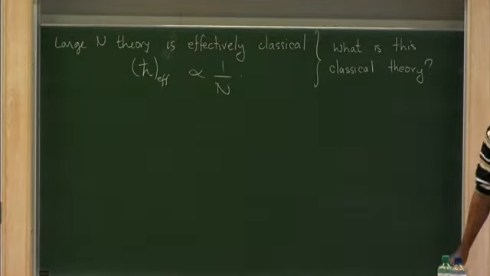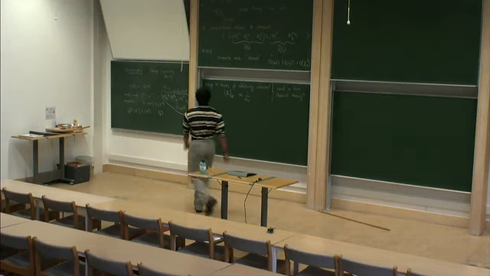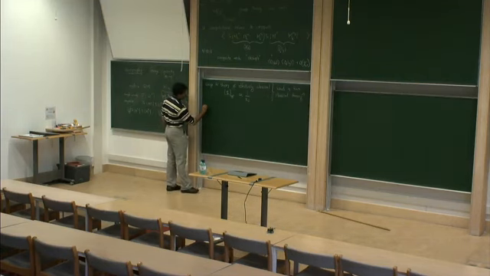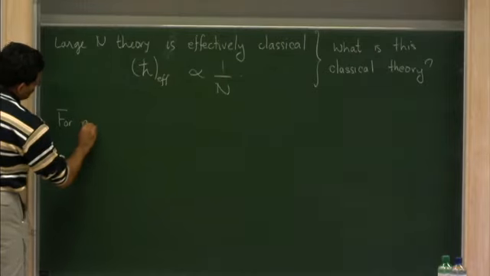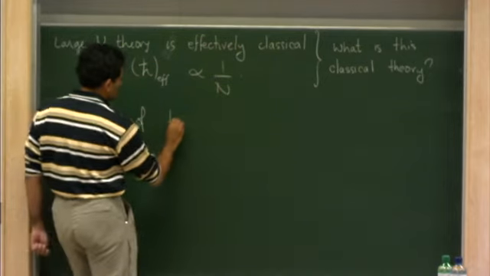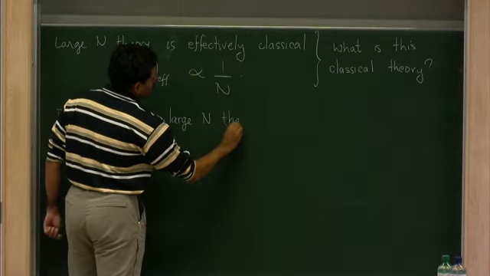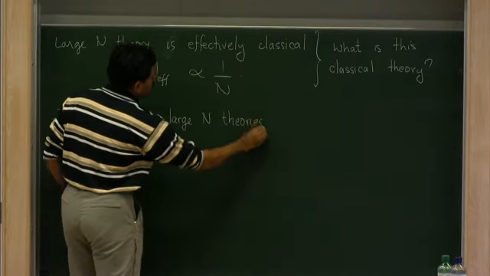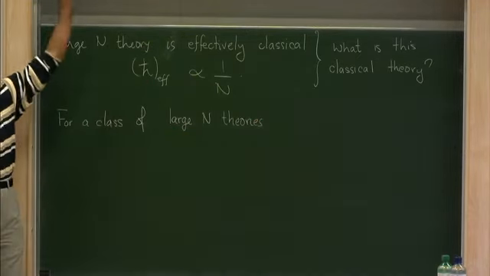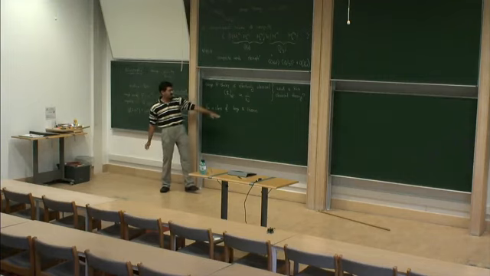For a general theory, we don't know what this answer is, but for a class of quantum field theories, what I mean by large N theories is precisely this class of matrix-like theories where the fundamental objects are built out of matrices.